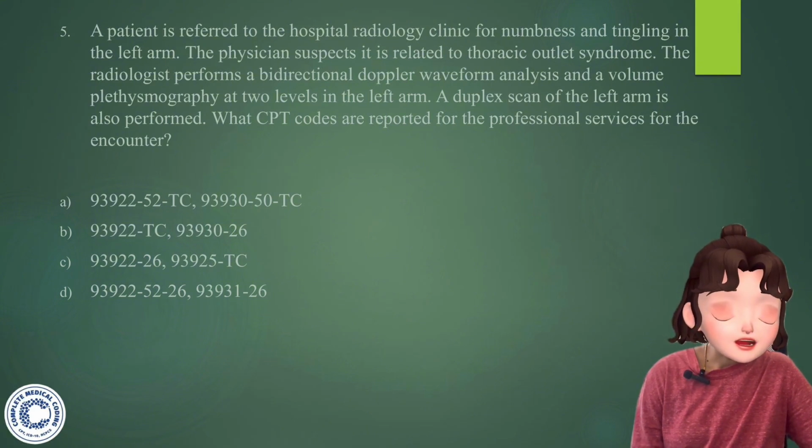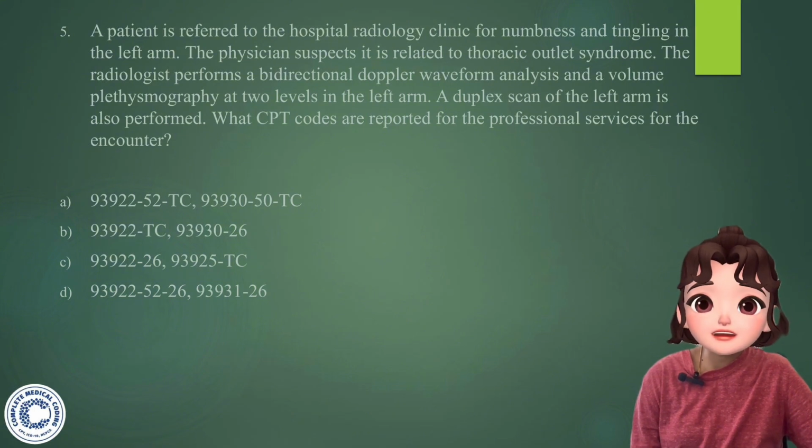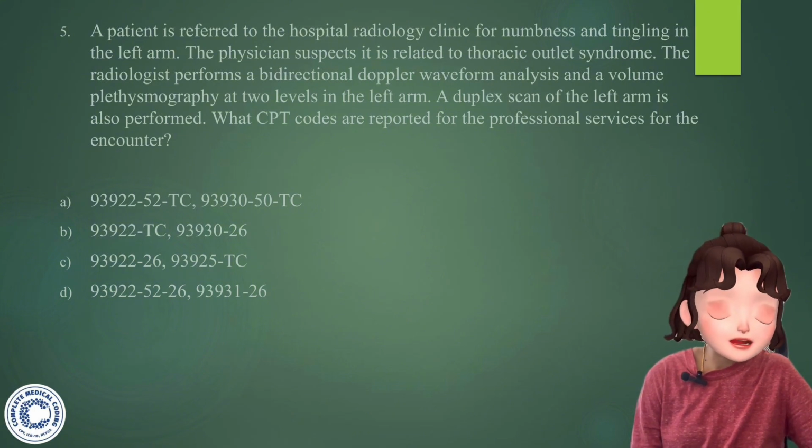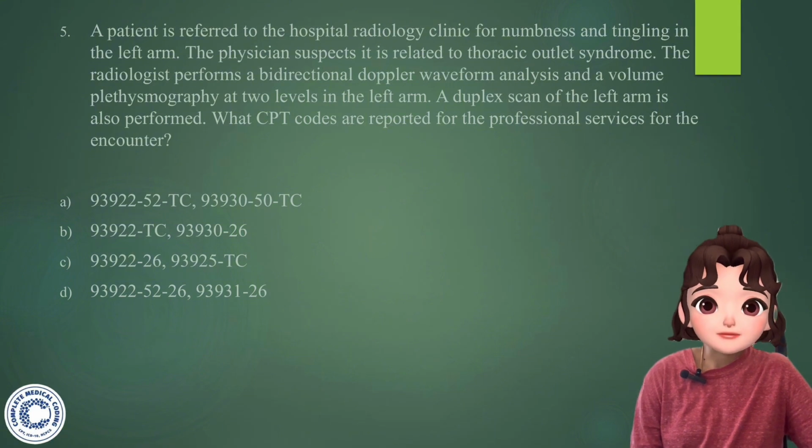Just down: unilateral or limited study. Here it is only unilateral, right? Because only the left arm. Duplex scan of the left arm is performed. So this is not a complete bilateral study. This is only a unilateral study. So you have to go for the code 93931 for the duplex scan.